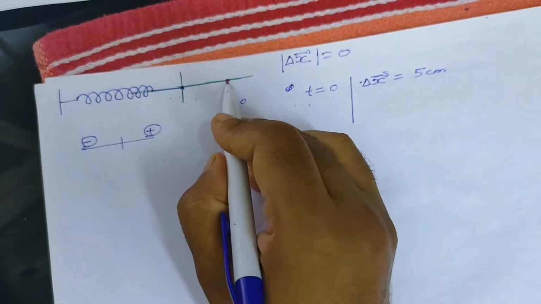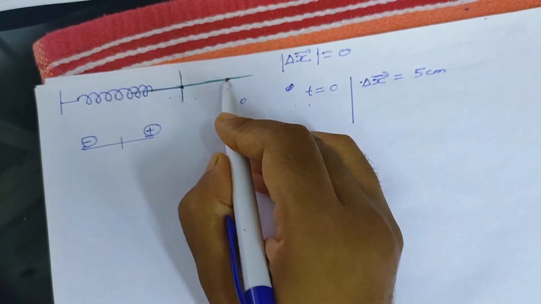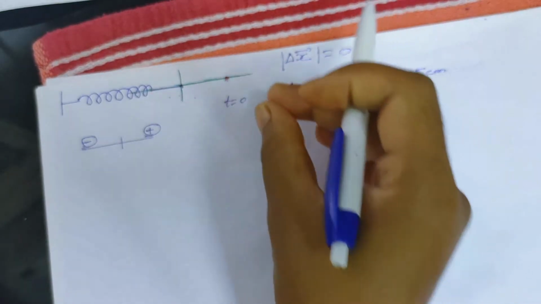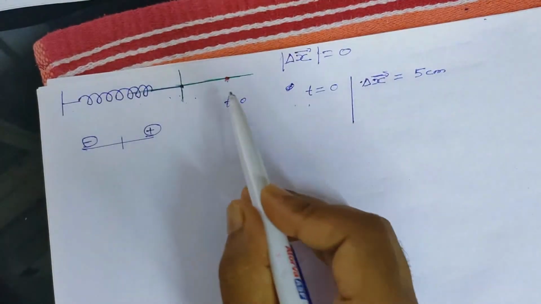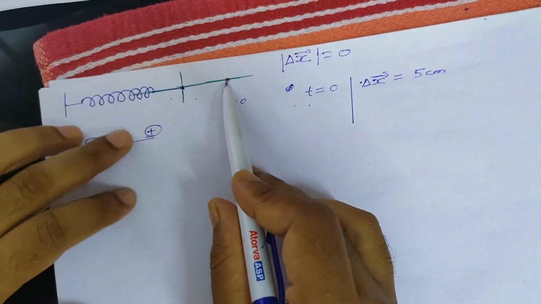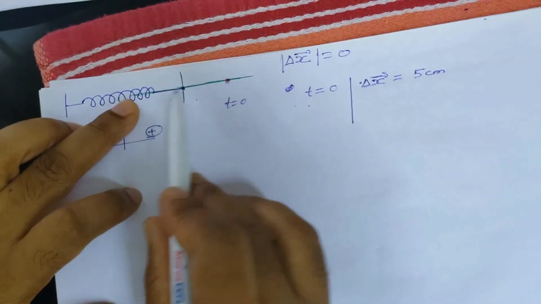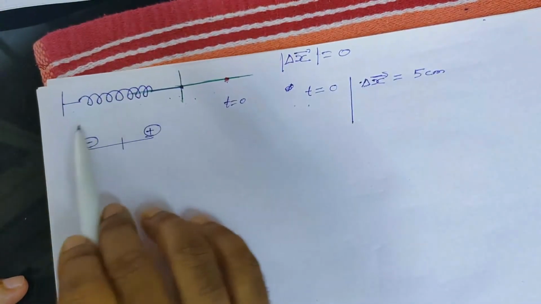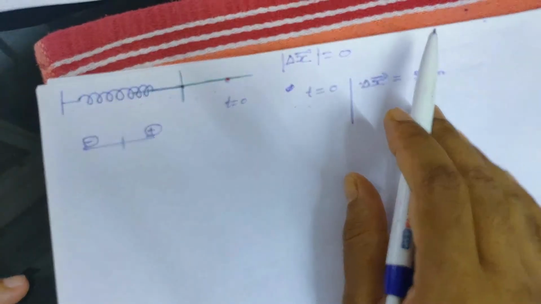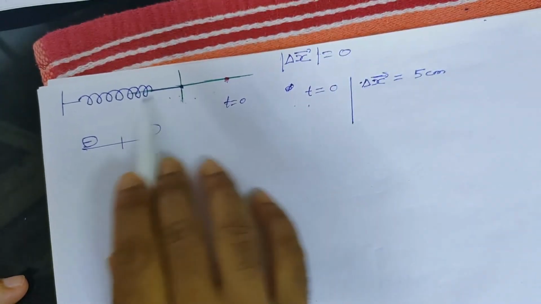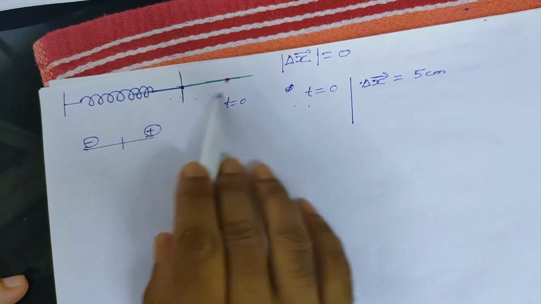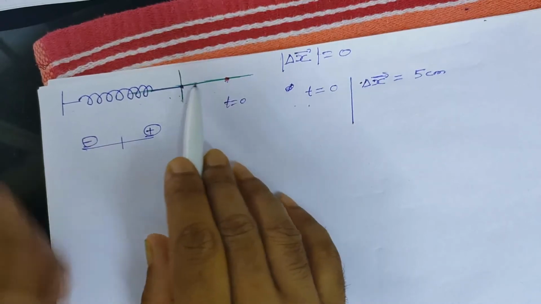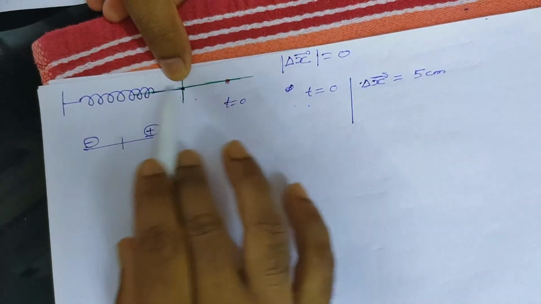Now you just release the open end from this point. What will happen? This open end will keep on moving back and forth. Let us assume there is no air resistance and no resistance offered from the surface. So ideally it will keep on moving.